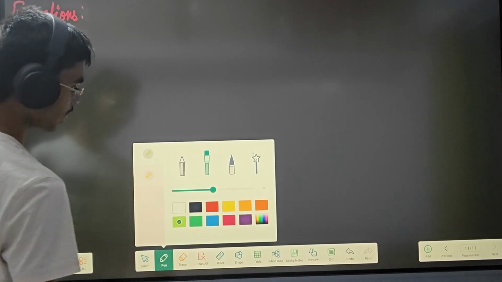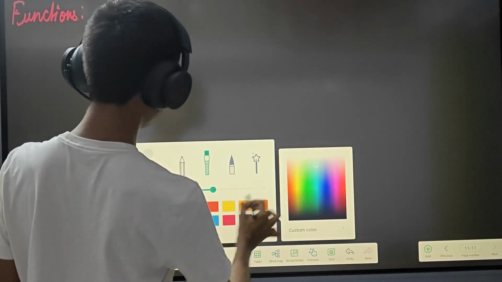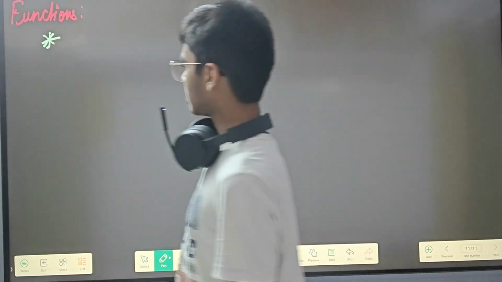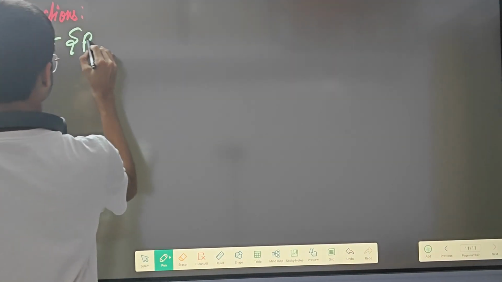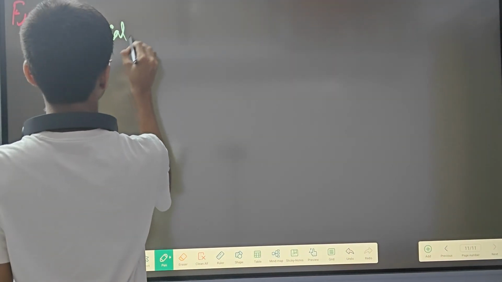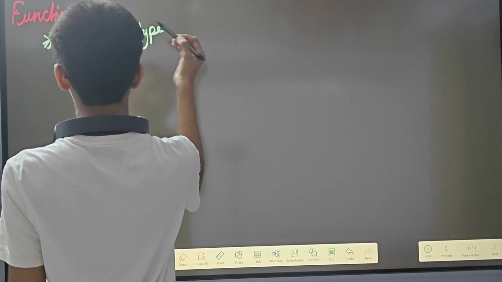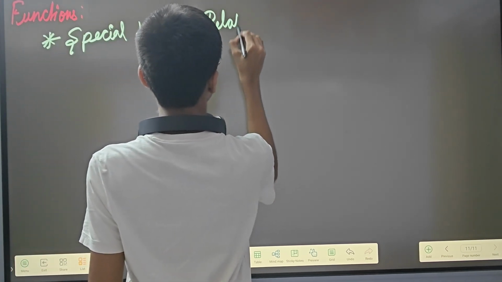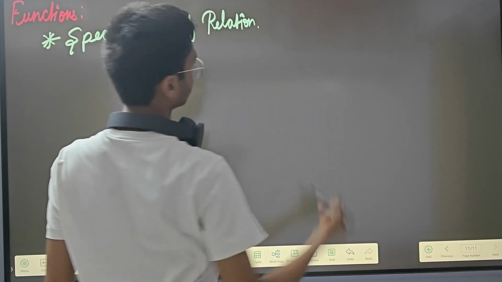So what is a function? In function, first we will be giving you some basic introduction, then we will be going on. Okay, so a function is a special type of relation.